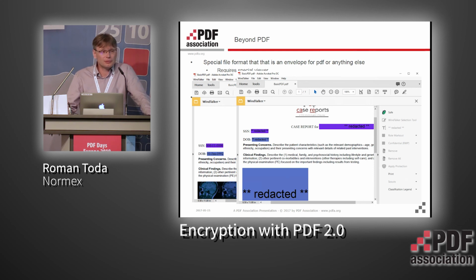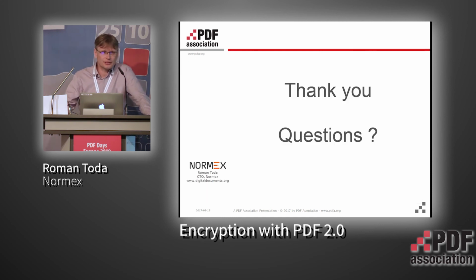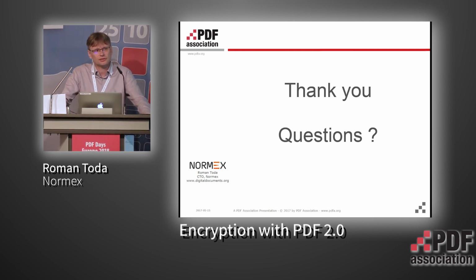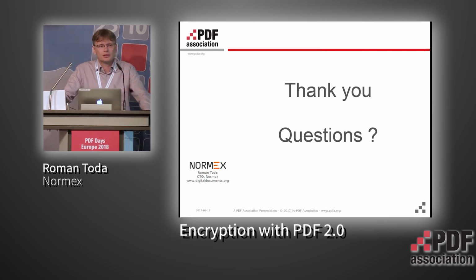So, to wrap this up, as I mentioned at the beginning, there are a lot of misconceptions. People still believe that they are secure where they are not. PDF 2.0 brings a couple of interesting things to the market, like the unencrypted wrapper and deprecation, which I believe is a very important message for all the developers and all the adopters as well.